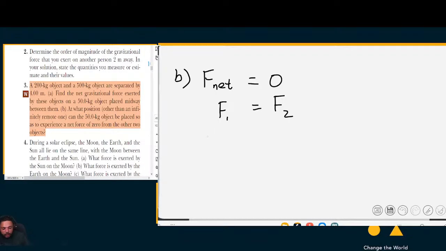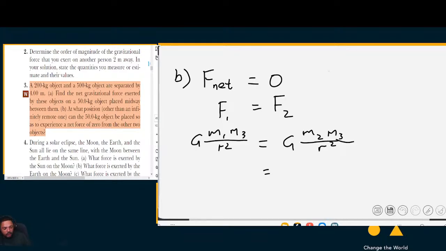So that means that G M1 M3 over R squared should be equal to G M2 M3 over R squared. Let's call the 50 kilogram weight M3. So M1 and M3, and then G multiplied by M2, which is the 500 kilogram weight, and M3, which is the 50 kilogram weight, and the distance between them.